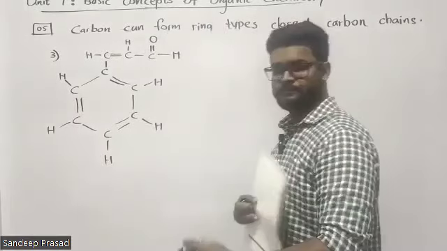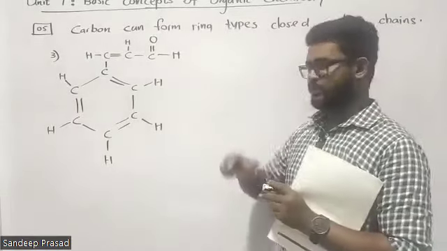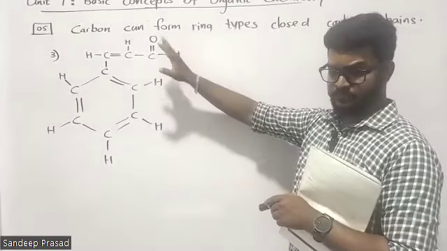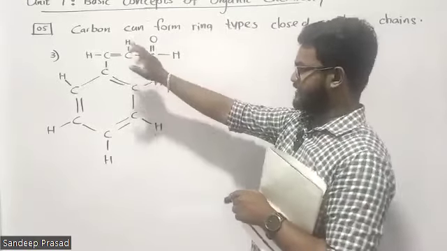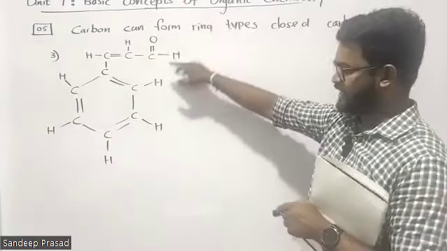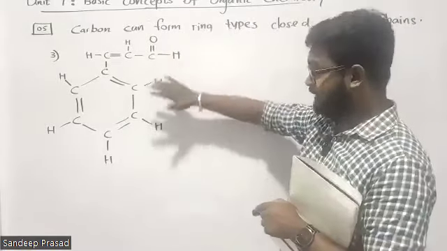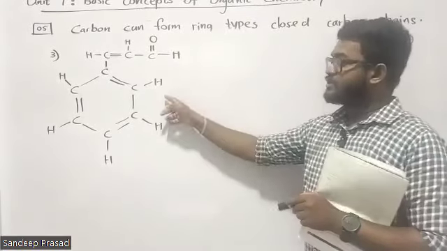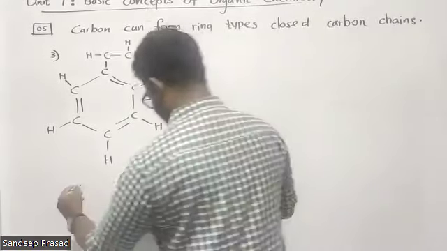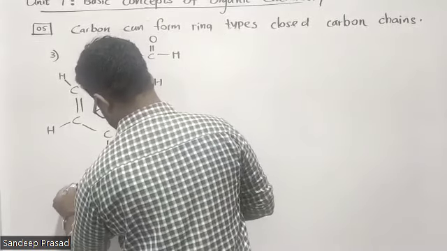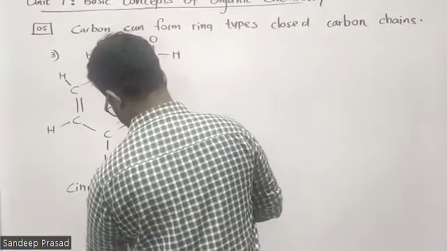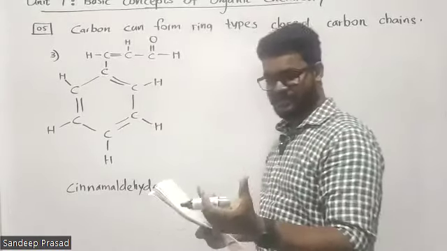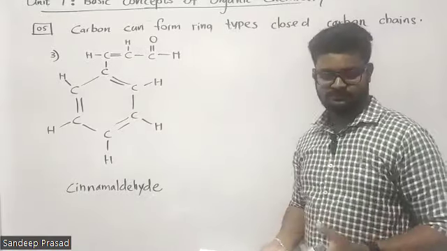No one is breaking the rules that we learned under the Lewis structures. Here the thing is we don't mention the lone pairs. No need to mention them. Otherwise, carbon and oxygen atoms are satisfying the Lewis structure octet, and hydrogens are connected to the carbon atom through a single bond. Remember, students, this molecule is known as cinnamaldehyde. I don't know whether you have heard about this one. Do you know what cinnamaldehyde is? Cinnamaldehyde is the chemical compound contained in cinnamon.